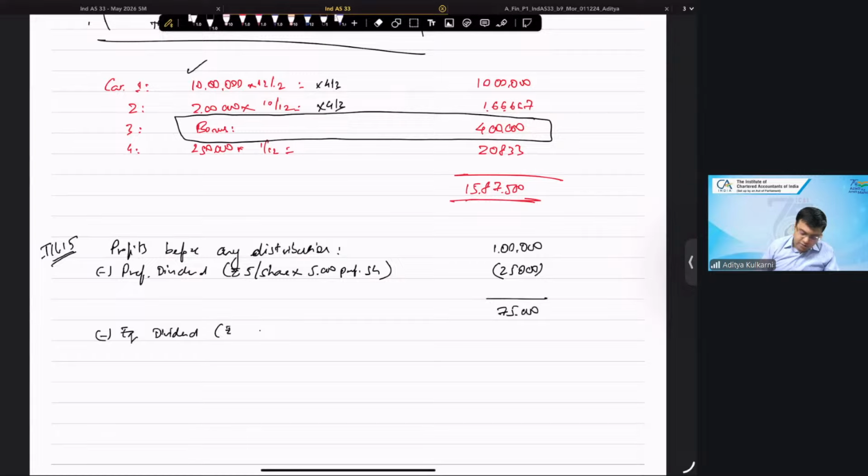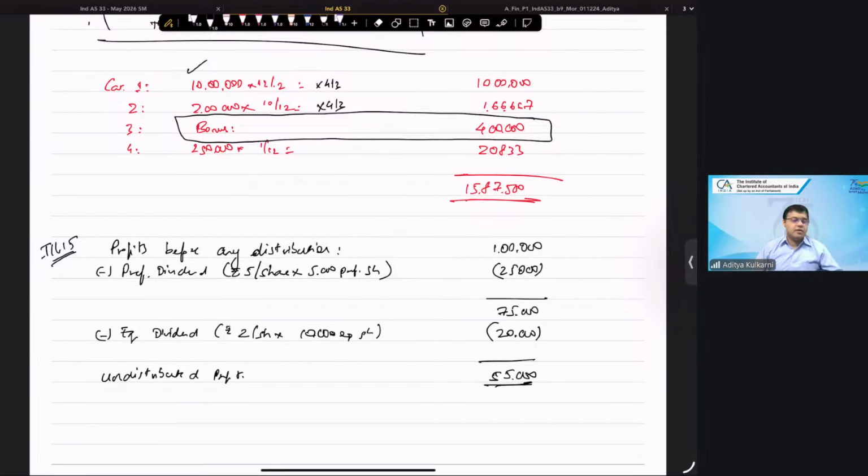That is rupees 2 per share into 10,000 equity shares. So that comes to 20,000. So here I am having 55,000. What is this 55,000? This we call undistributed profits.